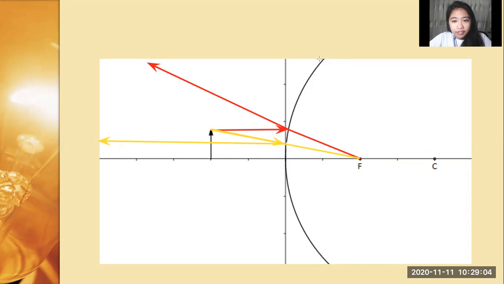Next, for SR3, this one's also the same. It has to intersect with C. So let's draw a line first to connect these two. And so again, in this case, the reflected ray is going to stop at the mirror right until here only.